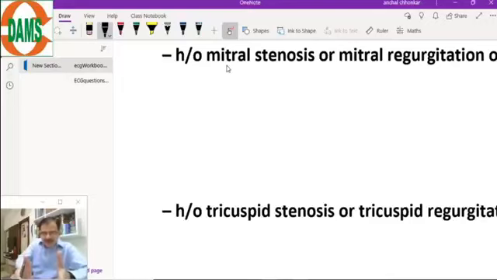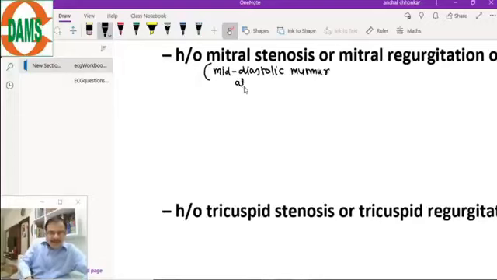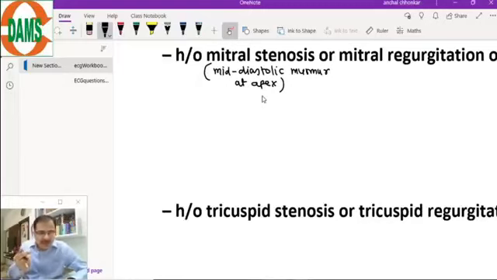It will be given in the question, or you can see there will be a mid diastolic murmur at the apex. So this will be the clinical information for mitral stenosis: a mid diastolic murmur at the apex.